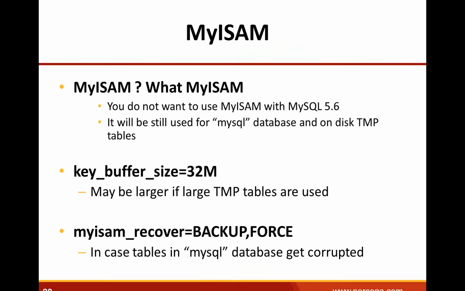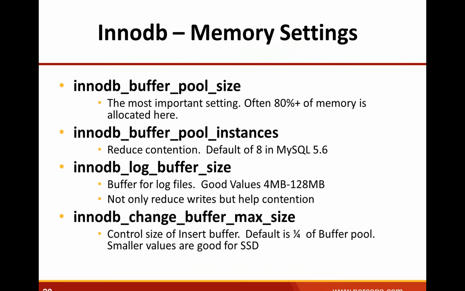You also have tables in the MySQL database, which are still MyISAM in MySQL 5.6, and there is a very low chance, but there is a chance they may become corrupted if you have a MySQL crash just when you've been granting permissions or creating a stored procedure. If that happens, it's good to have MyISAM recovery enabled to automatically repair your corrupted MyISAM tables for stability. Now let's talk briefly about InnoDB settings.